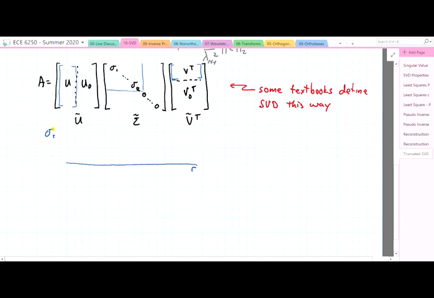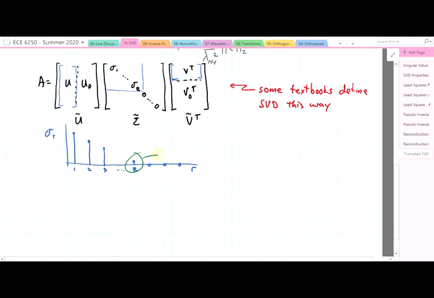Here we go. We might have, for R equals 1, 2, 3, up to capital R. Using this definition that we see in other books, which is the same except that it includes those zero parts, the singular values are always going to be sorted by size. And then thereafter, they're all zero.